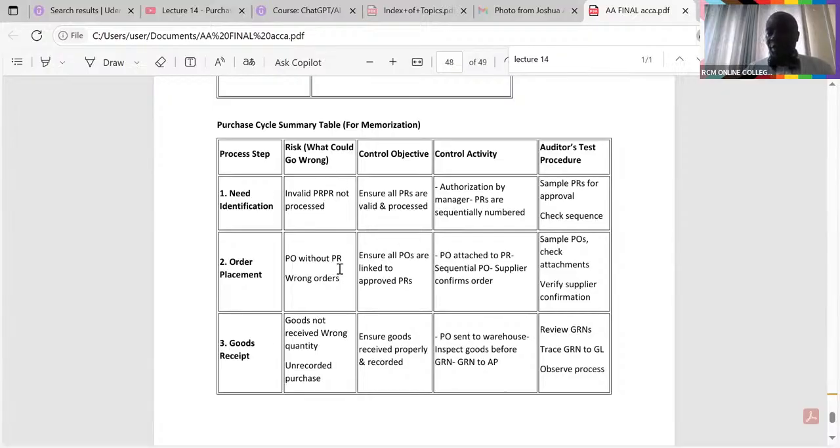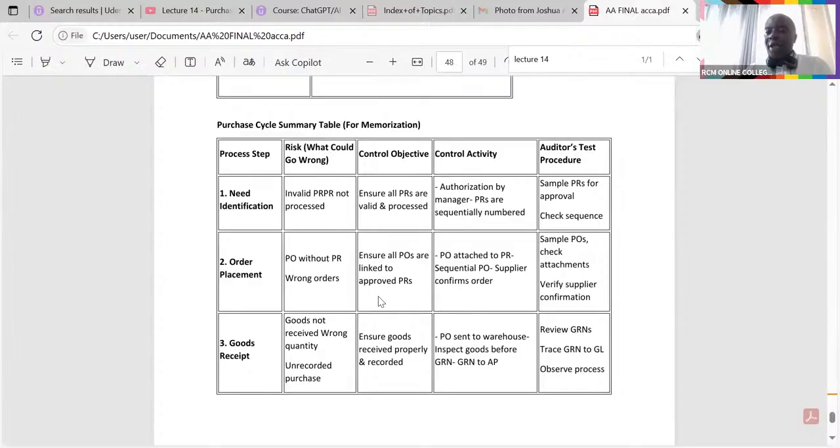Order placement: purchase order without purchase requisition. That's a big risk, which may make us issue wrong orders. All right. The objective here, ensure that all purchase orders are linked to approved purchase requisitions. And the purchase orders, ladies and gentlemen, of course, we expect them to be numbered.